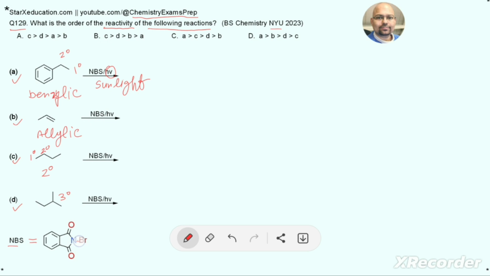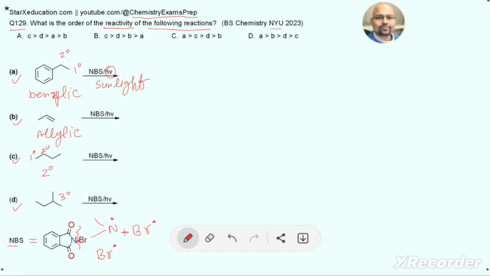N-bromosuccinimide actually is used to provide a steady and slow supply of bromine free radical, because in this first reaction, which is called the chain initiation, this N-Br bond is homolytically broken and it gives bromine and nitrogen free radicals.